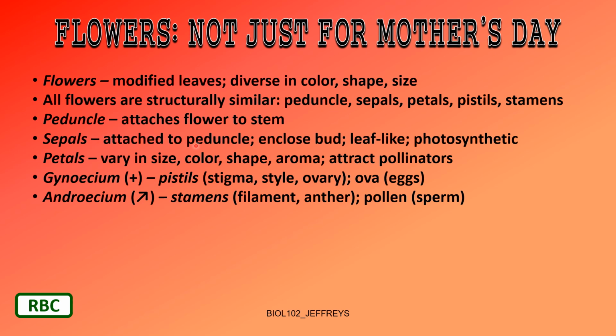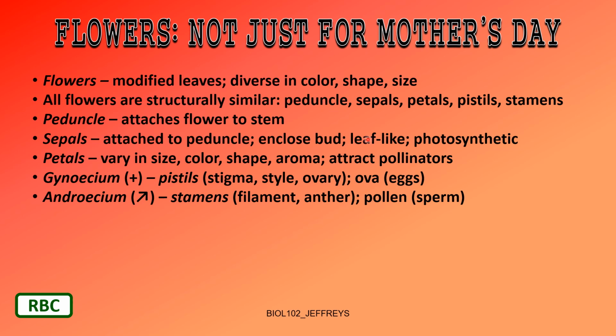Sepals are attached to the peduncle. Now, when a rose bud first appears, it's covered in green. Those green leaf-like structures are the sepals. They protect the bud, and as the bud opens, they fold back and dry up and become useless.